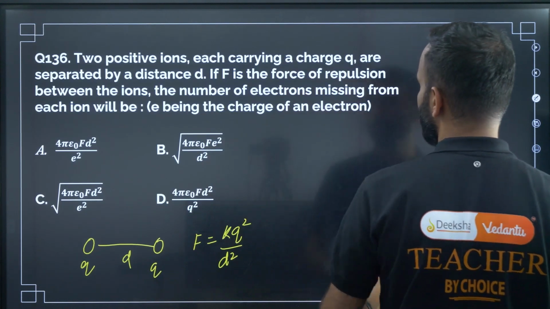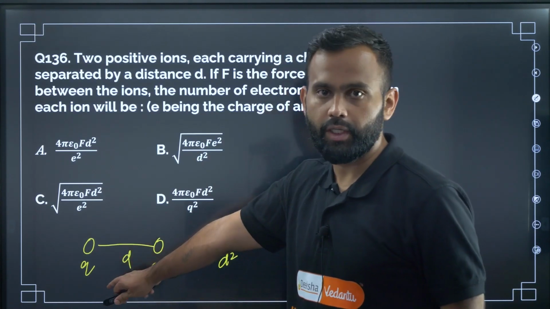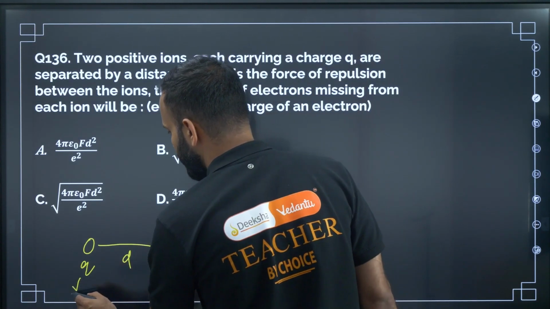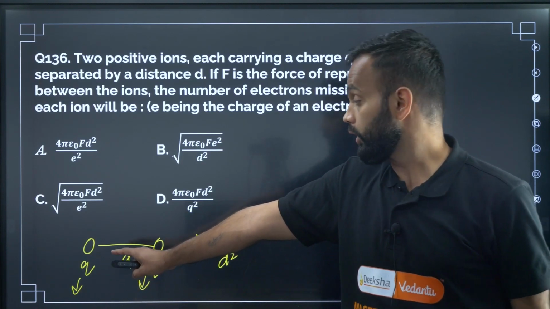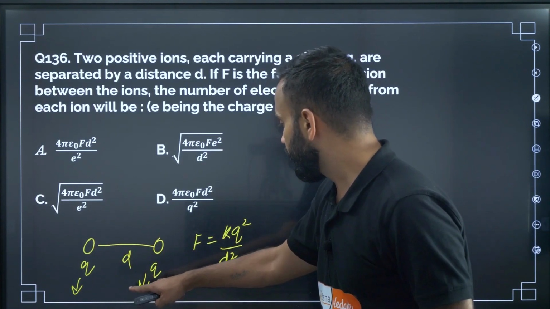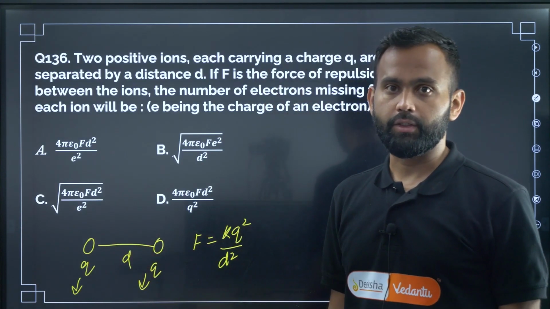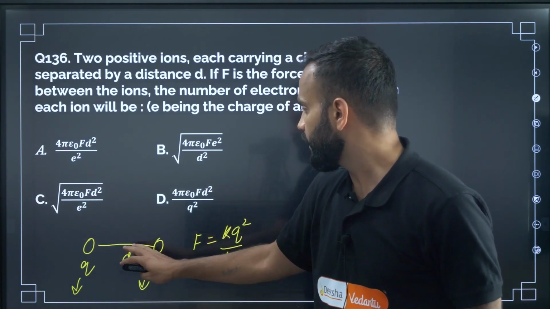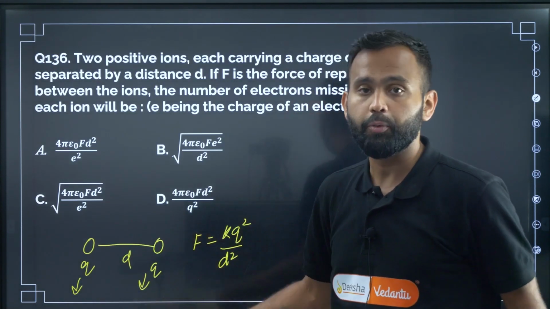The number of electrons missing from each ion will be... Here these two are positively charged ions, right? The electrons are removed from these two positively charged ions. Then only will these two ions gain positive charge.